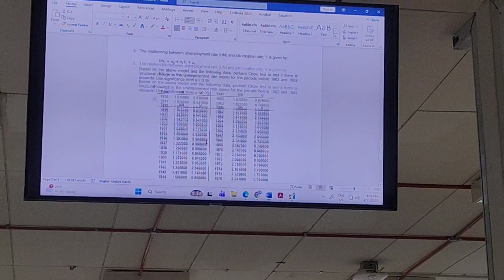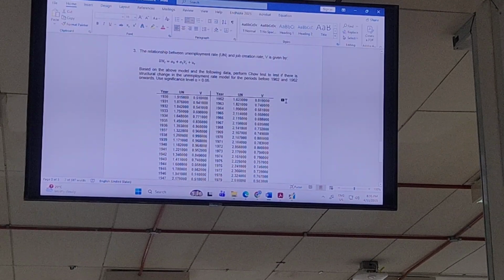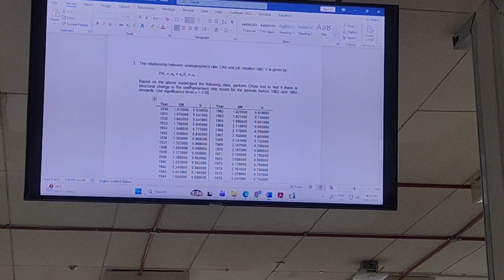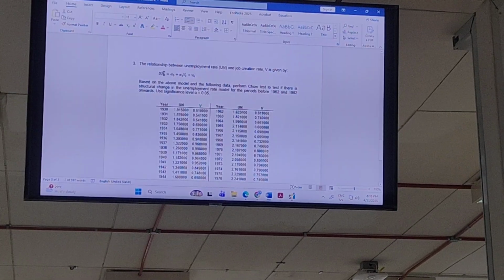Okay, last one. This is the stability test, the Chow test. We have two variables, unemployment rate and job creation, V. Let's say we want to know whether for the whole period from 1930 to 1980, we can just use the same parameter values to represent the relationship between y and x, between dependent and independent variables.